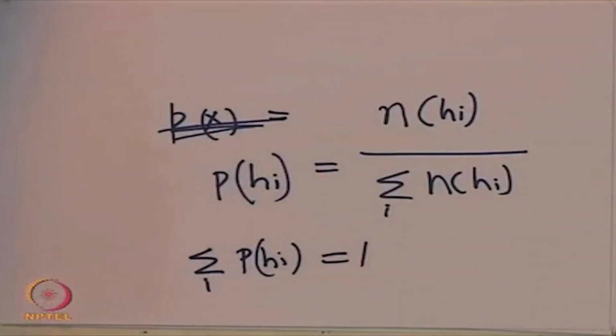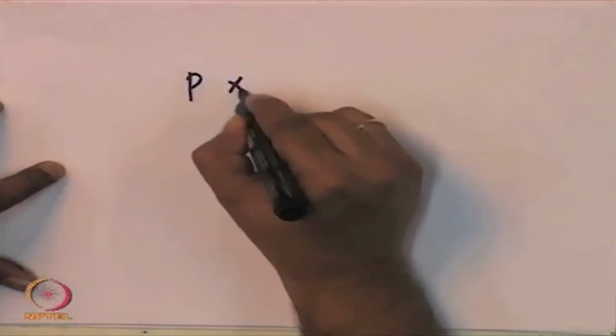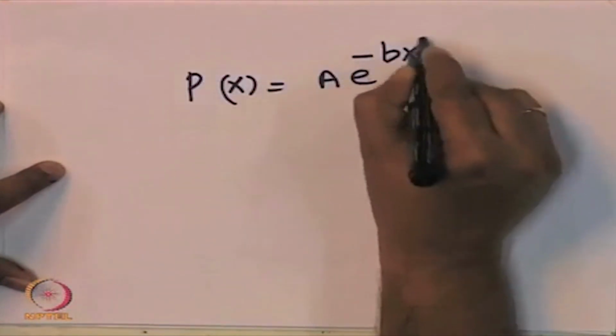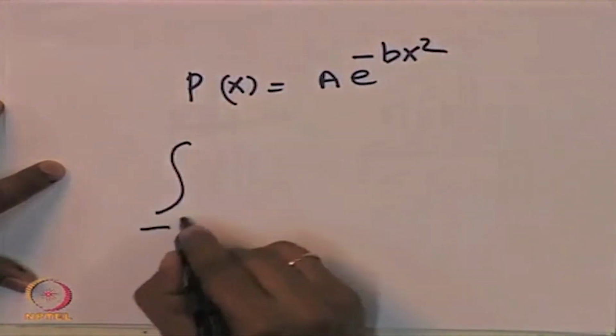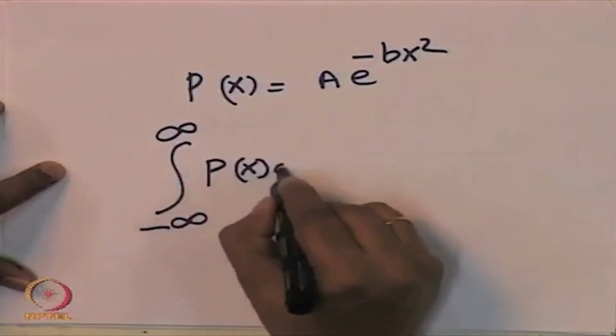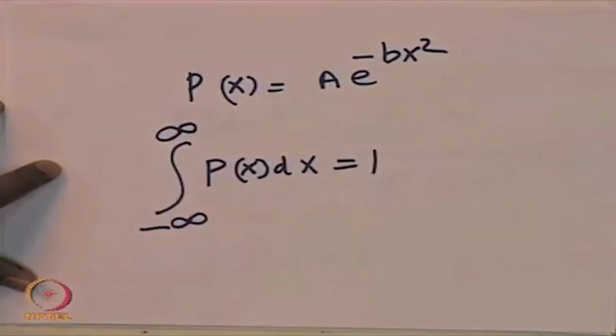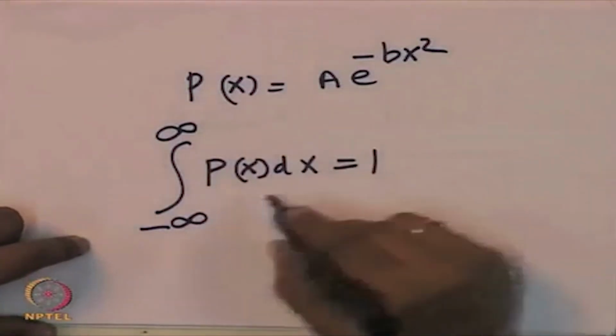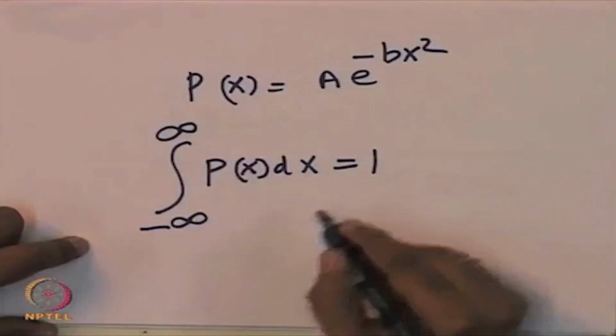So, knowing the total probability has always to be 1, we have this function P of x is a e power minus b x square, and the integral from minus infinity to infinity of P of x dx has to be 1. What does this mean?